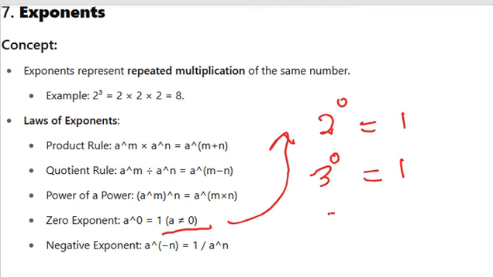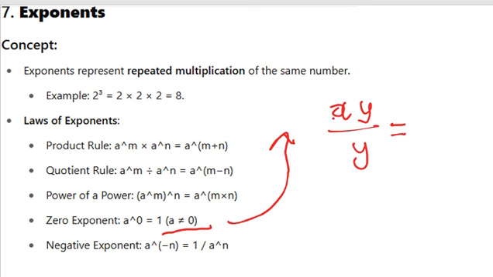Let's say you have a different problem: xy divided by y. We have x. Is there anything comparable below? No, so it's going to be 1. We have exponent 1 here and exponent 1 there. So we take y, first only one y, and for the exponent, since we divide, we subtract them. So we have x, and for y, 1 minus 1 is 0.